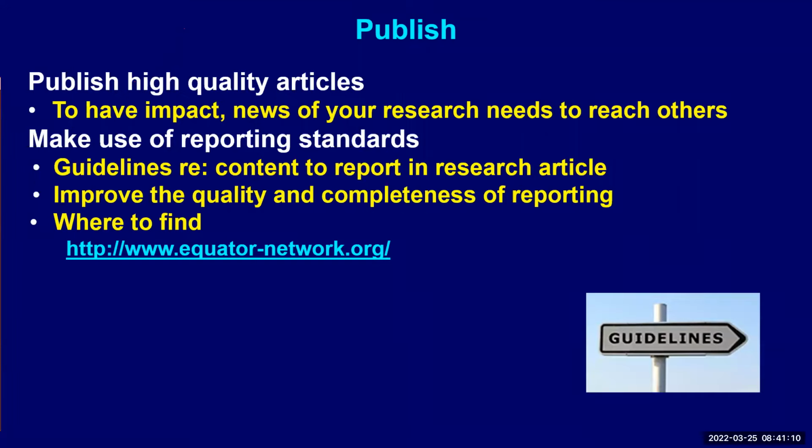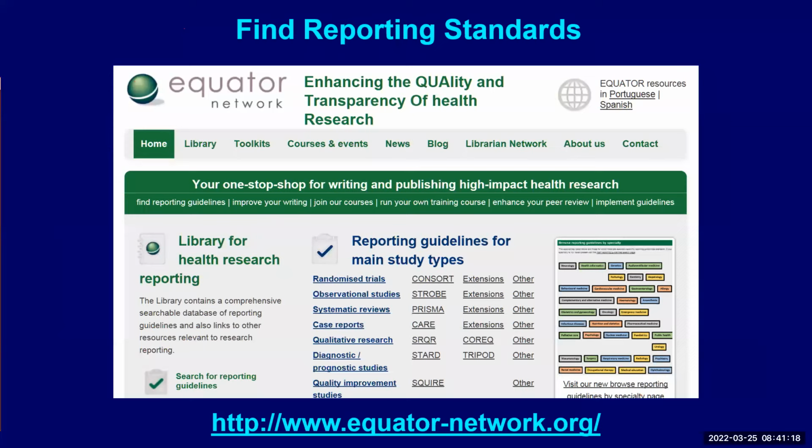To find reporting standards that are relevant to your needs, you can use the Equator Network. This is a great resource as it has reporting standards for a variety of study types all in one place. I just checked this morning, the current number is 499 different reporting guidelines available here.